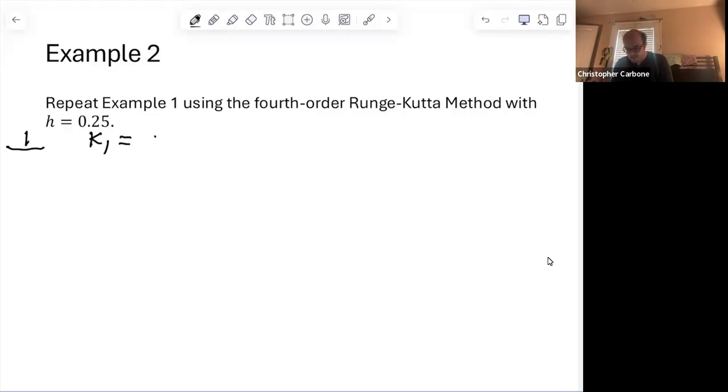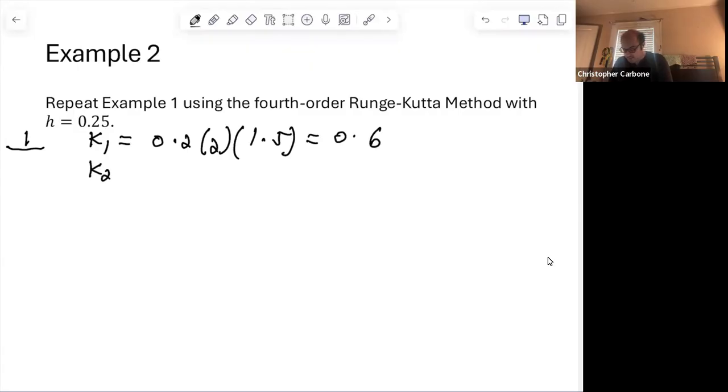K sub 1 in our case will be 0.2 times 2 times 1.5, due to the fact it uses the previous known values, which in this case would be the initial values. And that is going to give us 0.6.